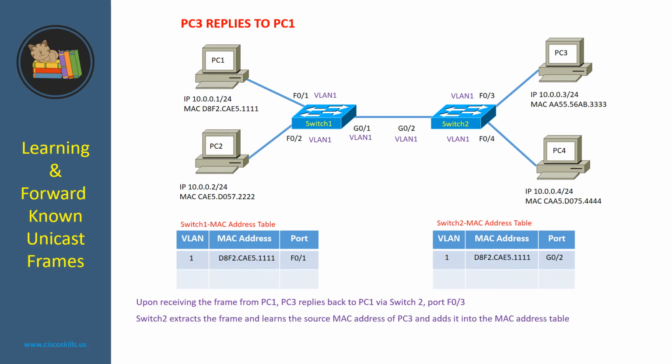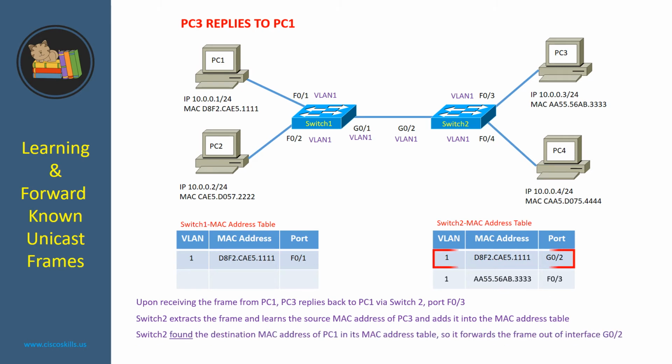Switch 2 extracts the content of the frame and learns the source MAC address of PC3 and adds it into the MAC address table. Switch 2 found the destination MAC address of PC1 in its MAC address table, so it forwards the frame out to interface G02.